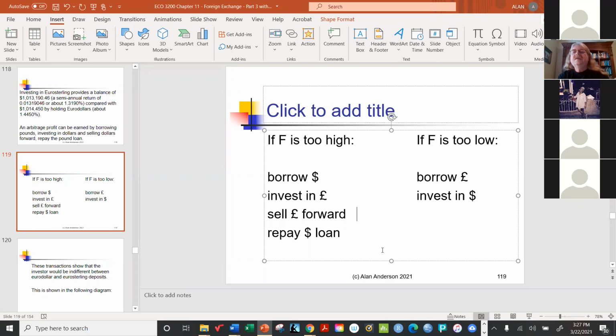Then we're going to sell dollars forward. And finally, when the dust settles after all of this, we're going to repay the pound loan.